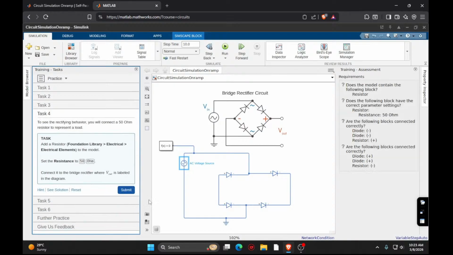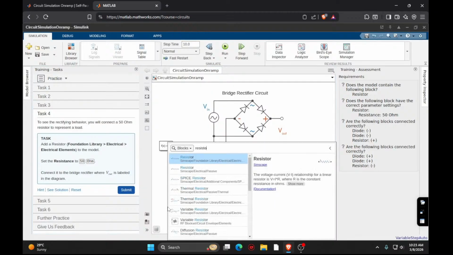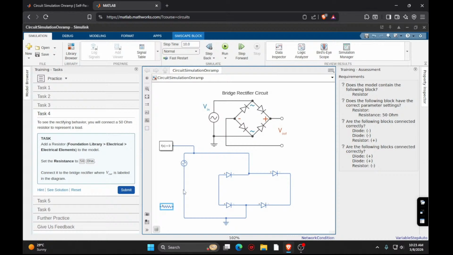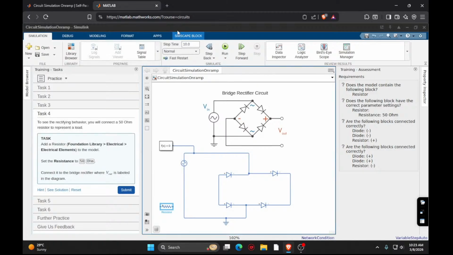Add a resistor from the Foundation library. Set the value to 50 ohms. Then connect it to the bridge rectifier, labeled as V out.